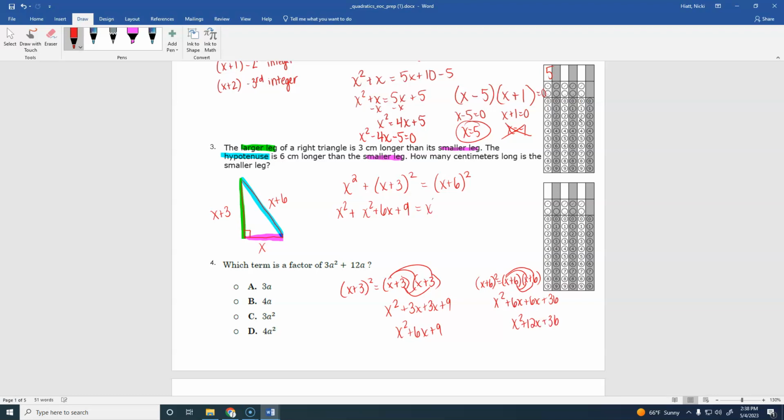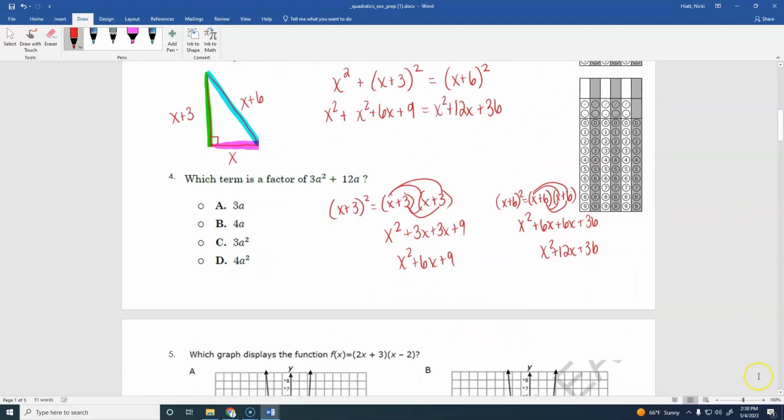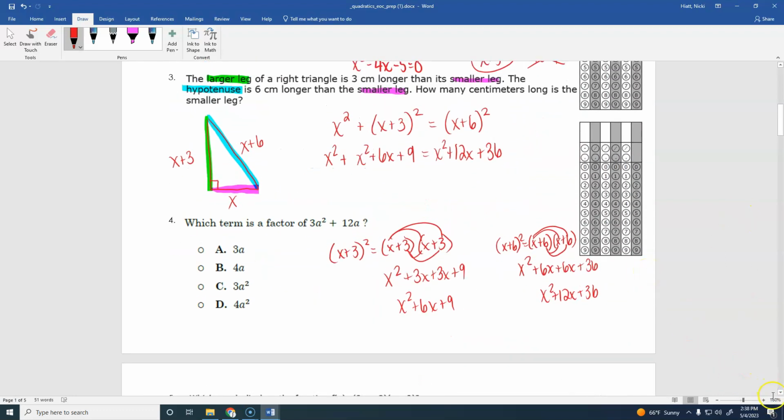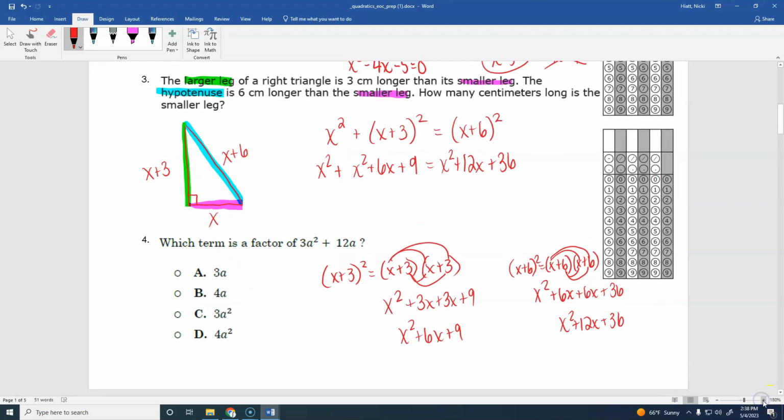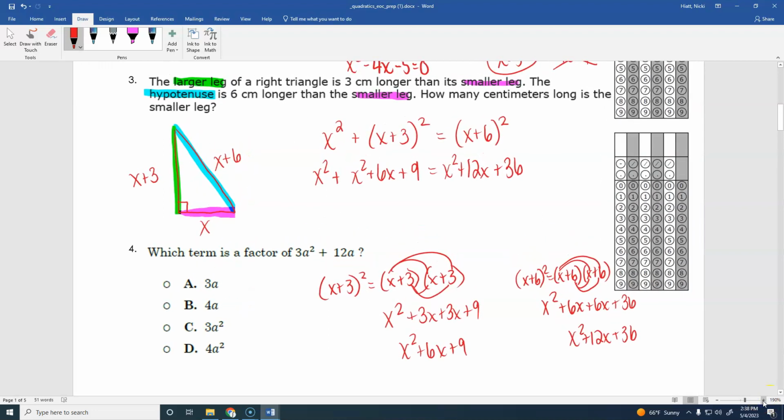So x squared plus 12x plus 36. Let's see if I can zoom in a little bit there. Is that a little better? Yeah.